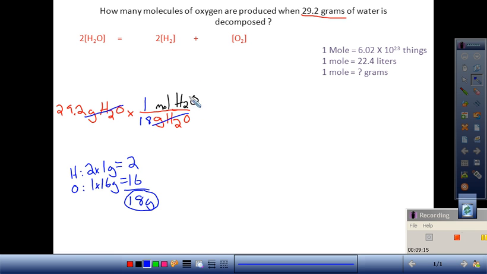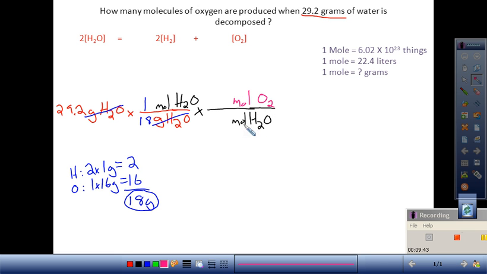So now I'm in moles of H2O. I got to look up here. Well, I'm not looking for moles of H2O. I'm looking for molecules, and I'm looking for oxygen. So I want to get out of H2O and into O2. Now, I don't want moles of H2O, so I'll put it down there. I want a different chemical. And the chemical they're asking for is O2.